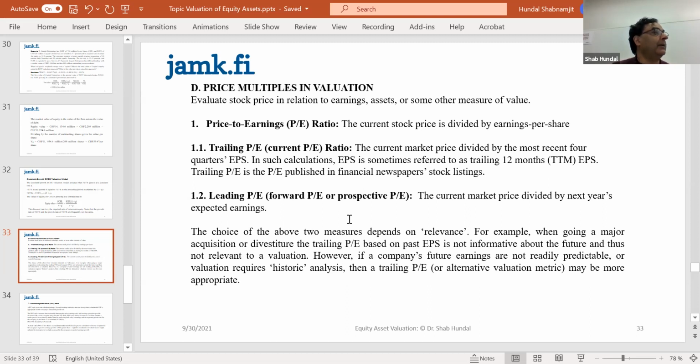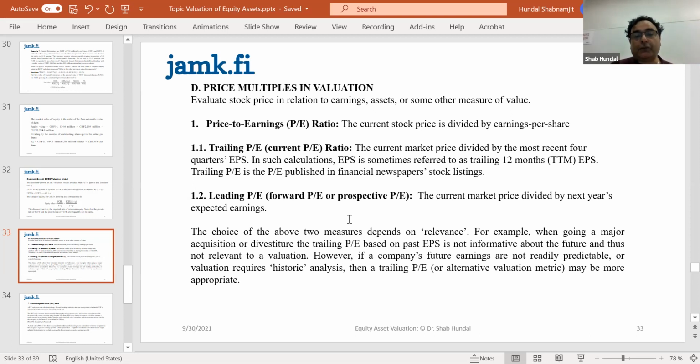You calculate four quarters of EPS and add them up. This EPS is sometimes referred to as trailing twelve months, abbreviated TTM on websites. Twelve months means four quarters.